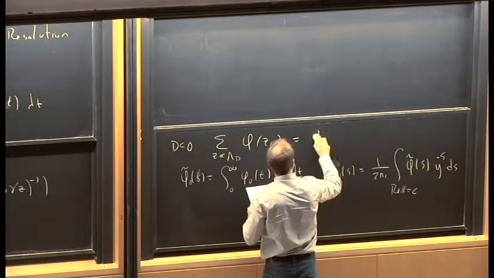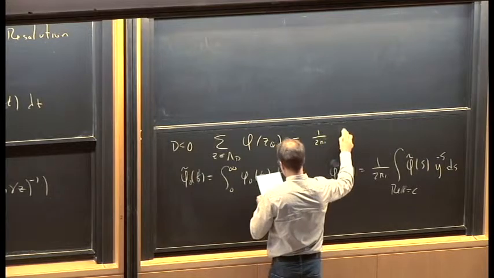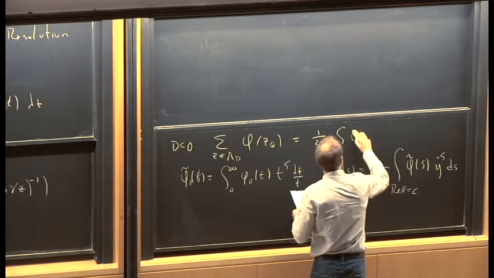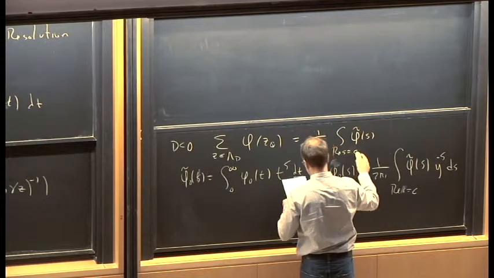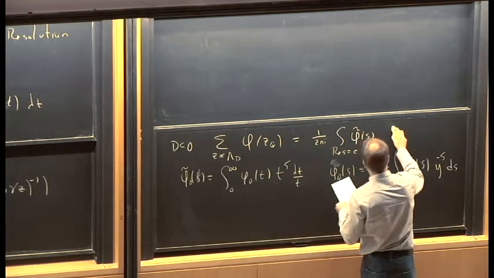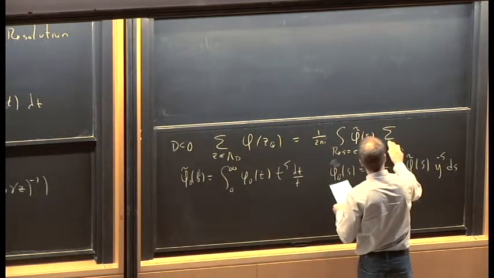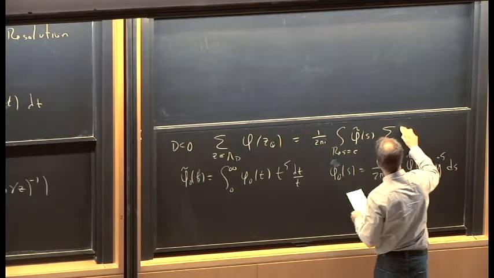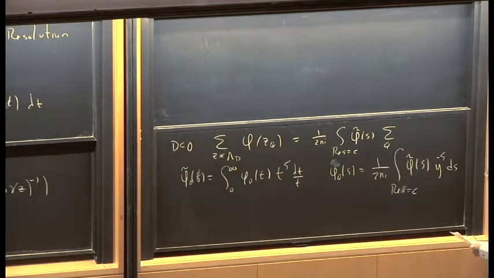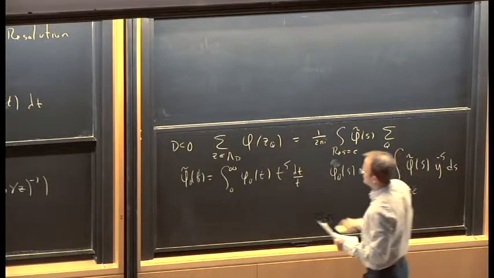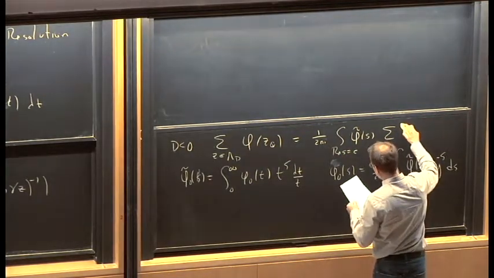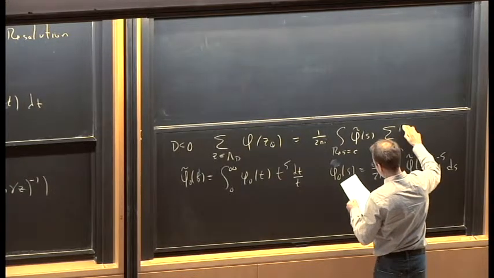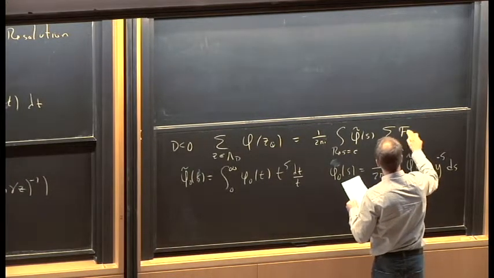I get 1 over 2 pi i, and then a sum over the CM points of the Eisenstein series, because the imaginary part is built into this function. So you just have to interchange the order of summation. I won't give you the details, but out pops the Eisenstein series.